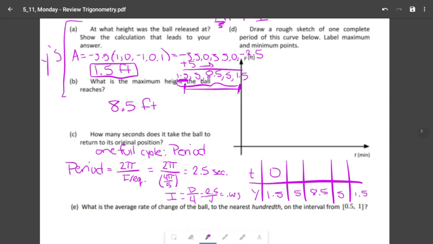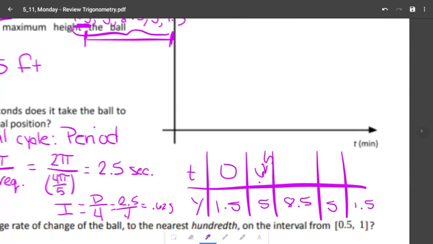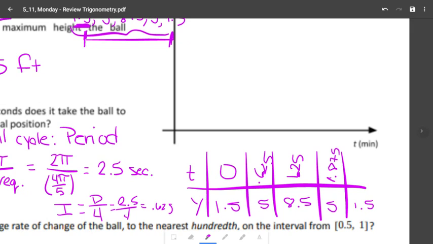So that is what we are going to count by in our table. So 0.625 plus another 0.625, we should get 1.25, plus another 0.625, we should get 1.875, plus another 0.625, we should get 2.5, which again, remember, you should always end at your period.